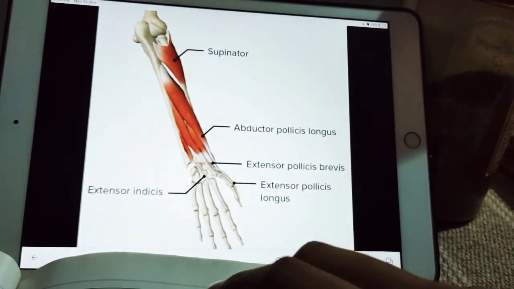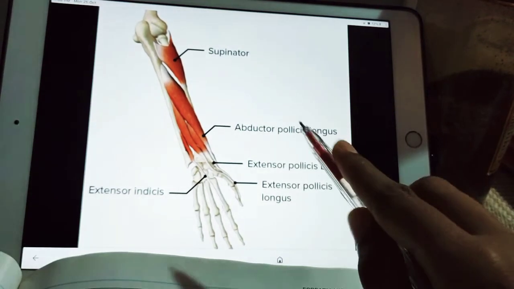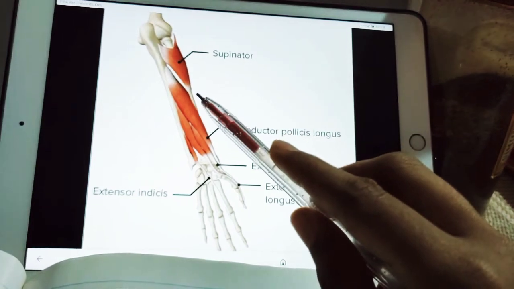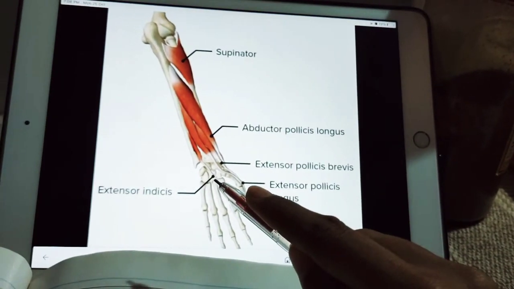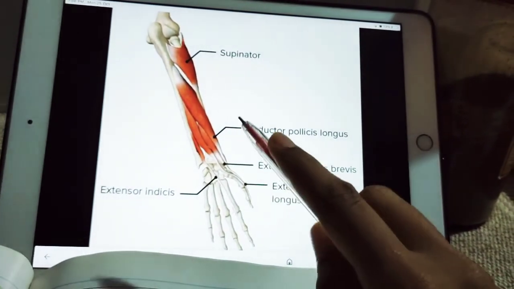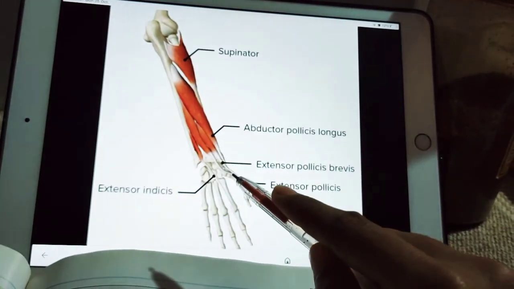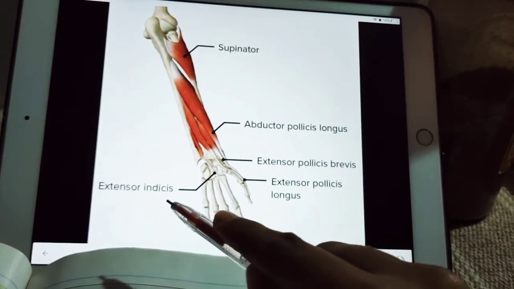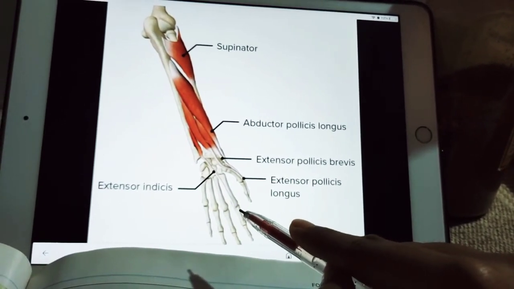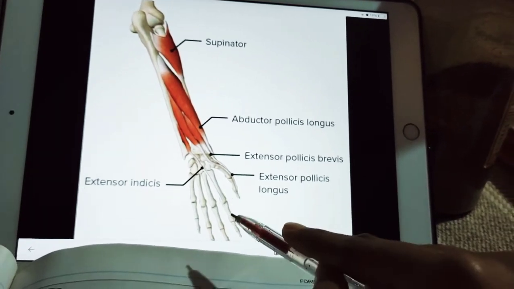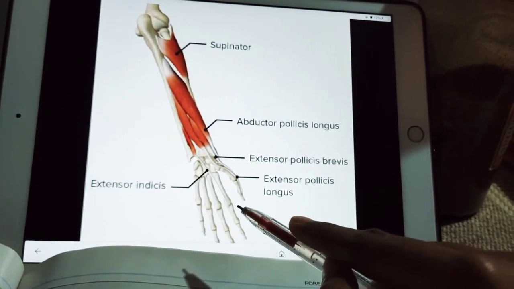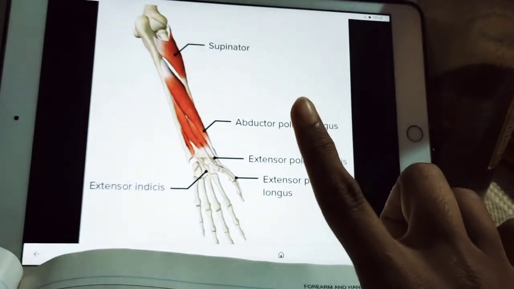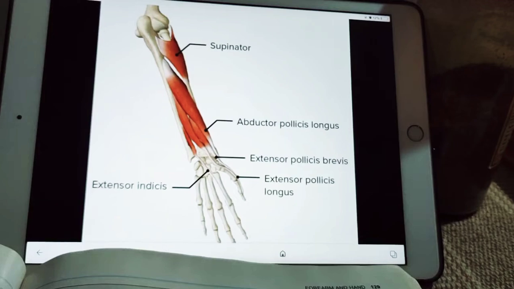The short muscle is from radius, abductor pollicis is from both, and supinator is from the lateral epicondyle and inserts into the radius. Extensor indicis is inserted into the extensor expansion of the index finger, hence the name indicis. It is supplied by the deep branch of the radial nerve, and it mainly extends the metacarpophalangeal joint of the index finger.